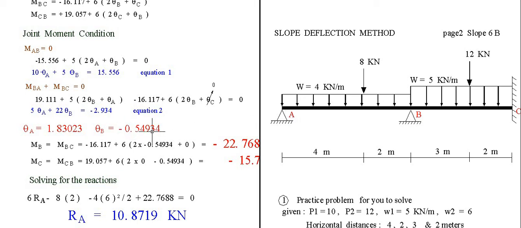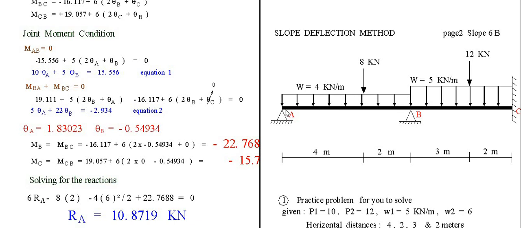Now the sign here is opposite that of the orientation of analytic geometry. The inclination to the left in slope deflection is positive. Inclined to the left is positive, while the negative at B means the inclination is to the right.